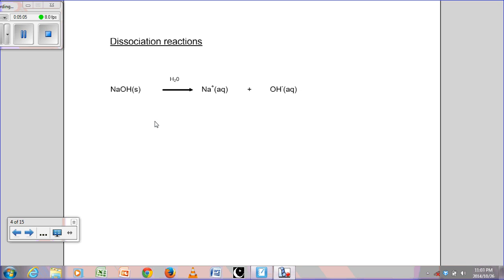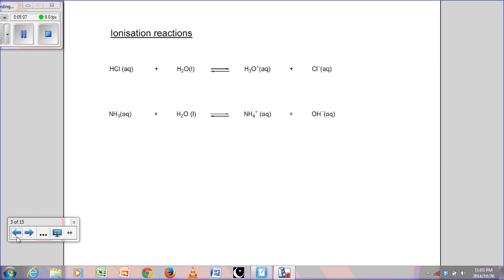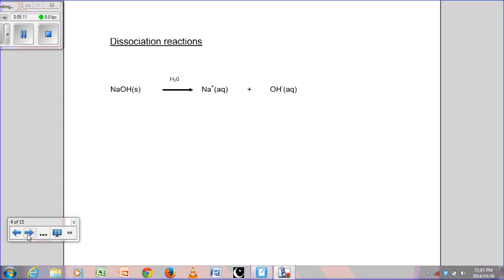So covalently bonded substances like HCl and NH3 undergo ionization reactions, whereas ionically bonded substances like sodium hydroxide, potassium hydroxide, etc., undergo dissociation, with the example of sodium hydroxide as we have here.